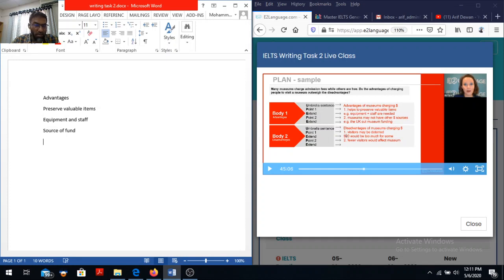And we can say that in the government budget, museum funding is decreasing day by day.